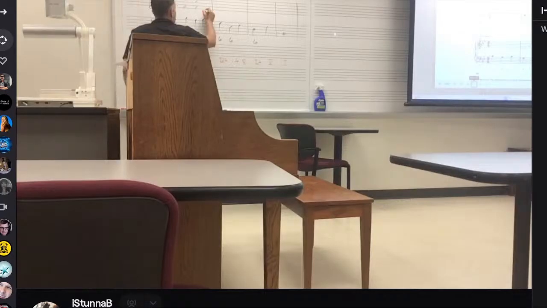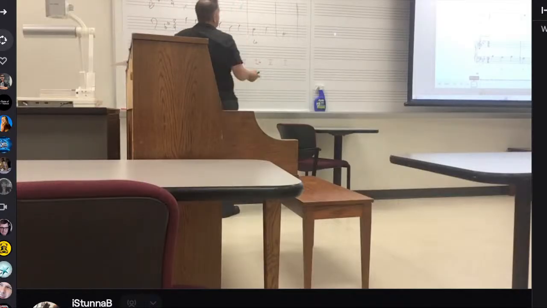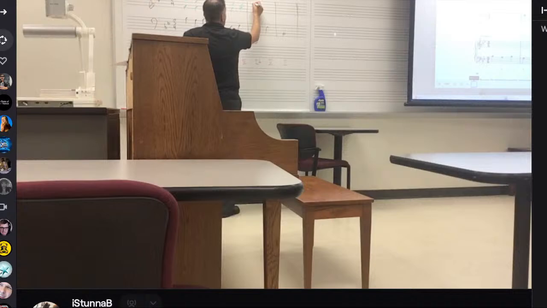F down to D. Stays on B flat, F up to E, or D up to E. Soprano goes up to C. The alto on the G. Soprano stays on the C, alto on the A. And the soprano goes up to the F, and the alto on the B flat.